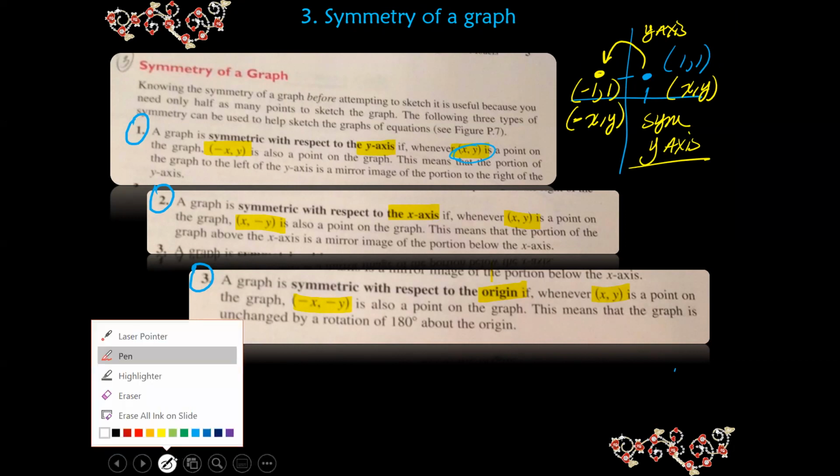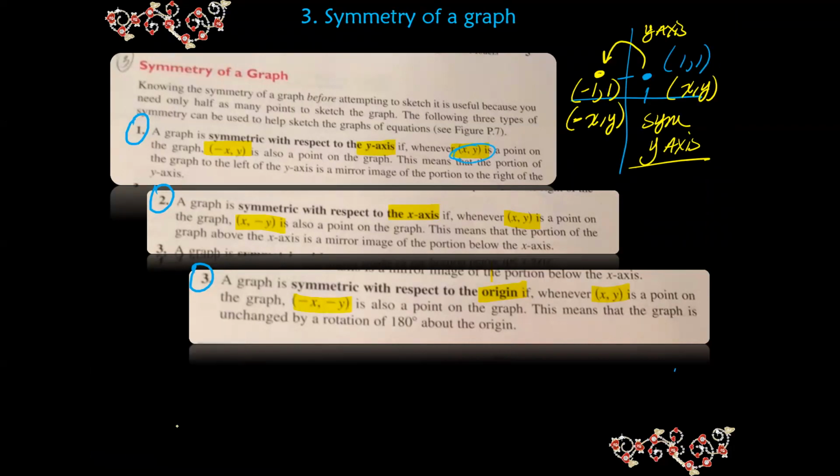Now, on the other hand, let's go on to the next one. If (x, y) becomes (x, negative y), so here's my graph, and let's just use the same point, 1, 1, and that's (x, y). Okay, here we go. And let's say I'm going to take that and reflect it about the y-axis, or I'm sorry, the x-axis.